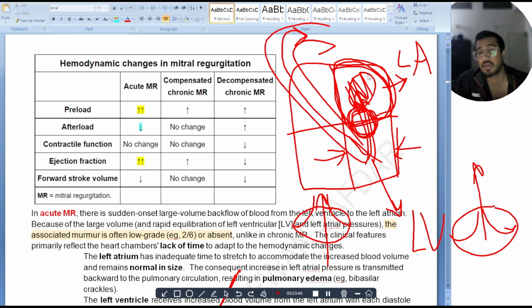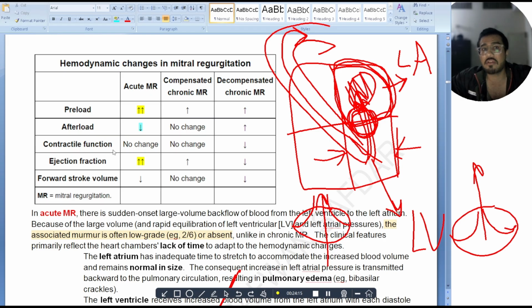Resistance against the flow of the mitral regurg and resistance across the aorta combined result in a greater afterload. Whereas in acute mitral regurg, the left atrium firstly overfills, then the blood backs up into the pulmonary circulation, then it overfills. So it's a time-taking process. That's why immediately there's a reduction of the afterload, but chronically when it's decompensated there is an increase, because all the structures are already filled to the max.